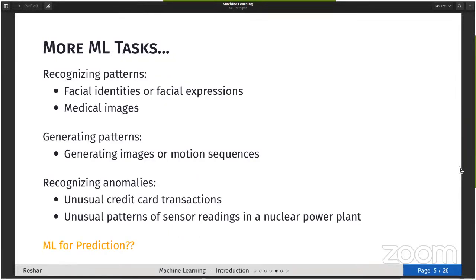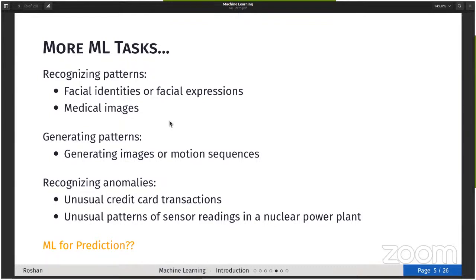And again, if you want to look at more ML tasks, one is facial recognition, one more is speech recognition, recognizing patterns. Then one more is medical images, like I said in the case of cancer. Then you don't need to only recognize patterns; you can also generate.